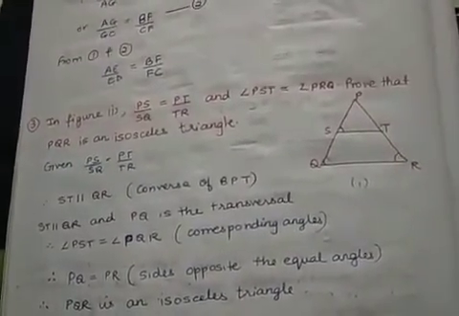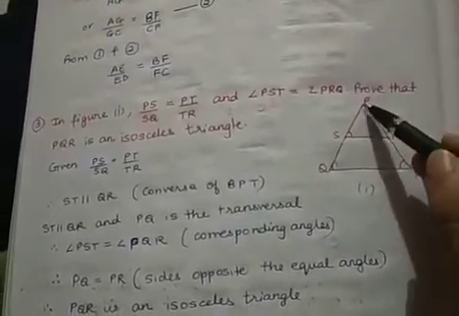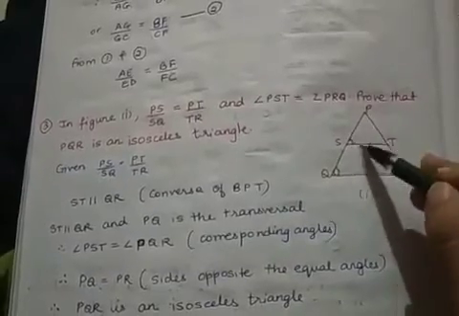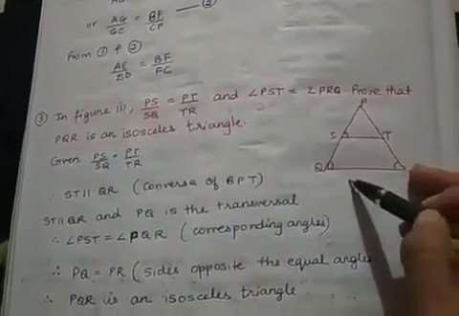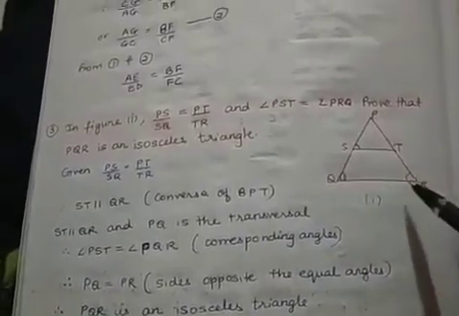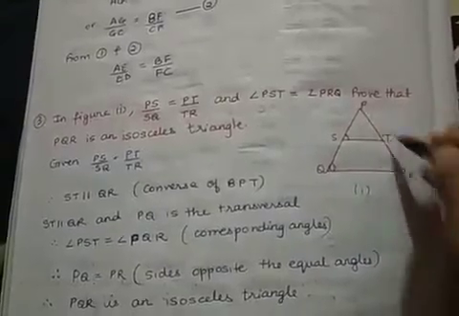Now if this angle is equal to this angle, then we know this angle is equal to this angle, right? So PST is equal to PQR, and we know that PST is equal to PRQ.